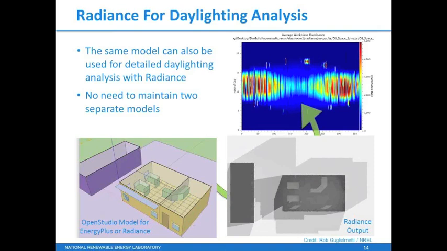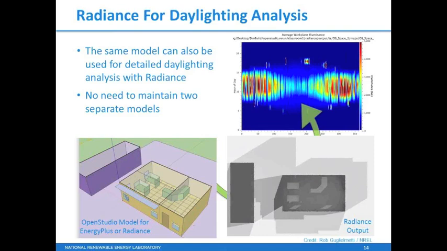And then we have translators built into OpenStudio so that you can build your model in the Trimble SketchUp plugin, and directly export a Radiance model, which the lower right image is a rendering of the same model as it existed in OpenStudio, and then in the upper right is just what we call a temporal plot of the daylight availability for that space.